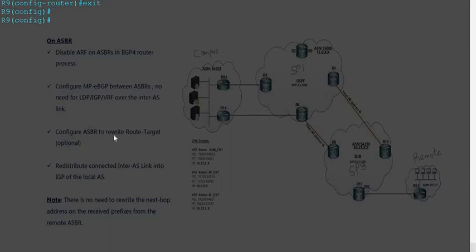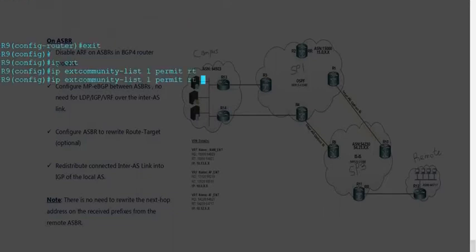We can either rewrite or consider an importation. Like I mentioned earlier, we don't need to do that importation if we are rewriting on the ASBR, and that is why we can just go ahead and configure this ASBR to rewrite any route target that is coming using the extended community list.